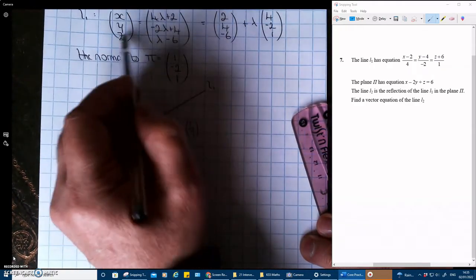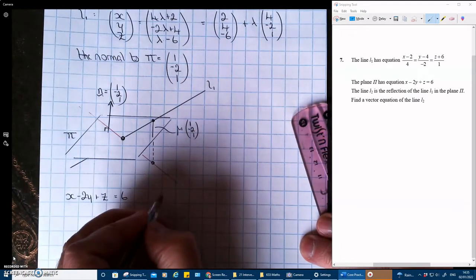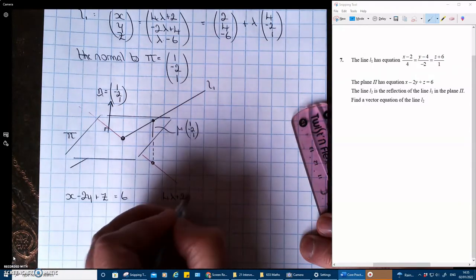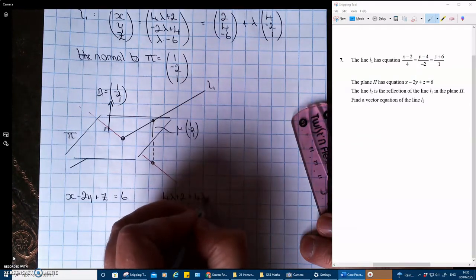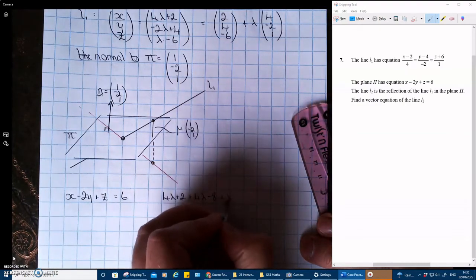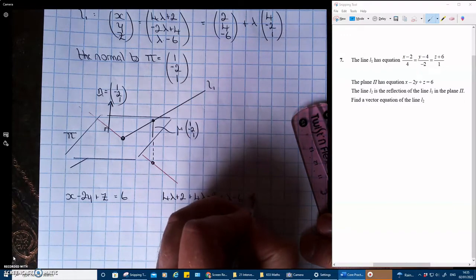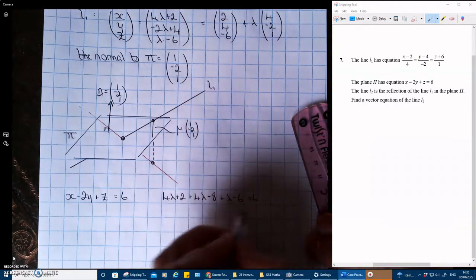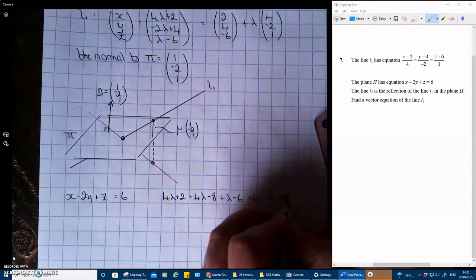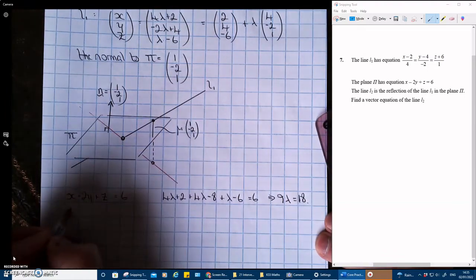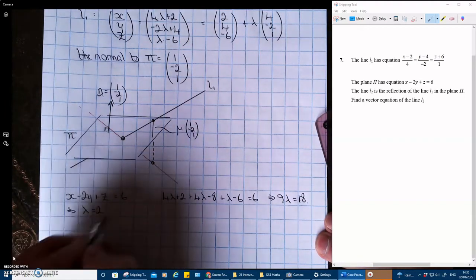If I substitute those in, I get x, which is 4 lambda plus 2, take away 2y, which is plus 4 lambda minus 8, plus z, plus lambda minus 6 has to equal 6. I then get 9 lambda equals 18. That implies lambda equals 2.